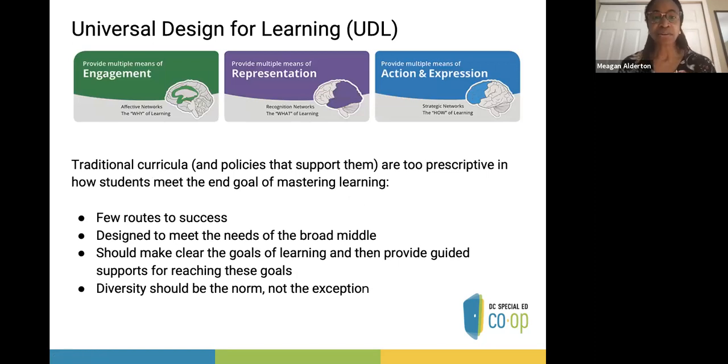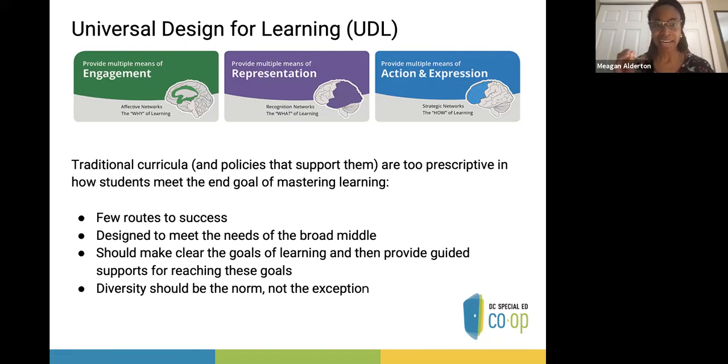So moving along, what does this look like scientifically? CAST really looked at the parts of the brain and the networks of the brain that need to be activated in order to achieve these principles. When we're looking at engagement, we're looking at what they call the affective networks, highlighted in green. This is where we activate for our students the why of learning. Multiple means of representation is highlighted in purple, and this is where we activate the what of learning.